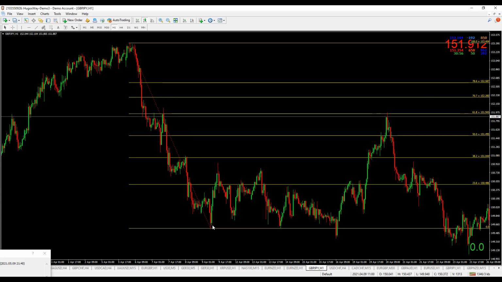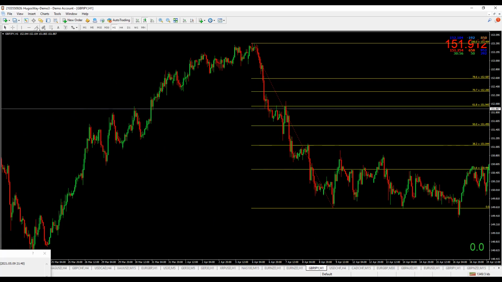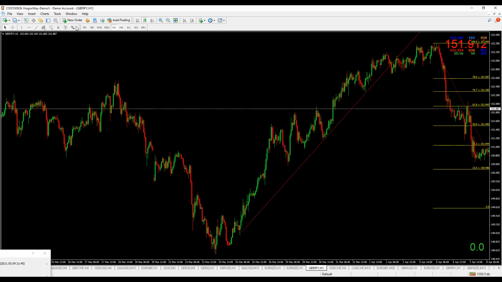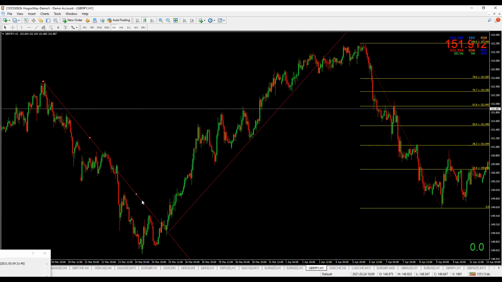You could obviously always change the color, but let's consider this what we call the Fibonacci trend line. I'm sure we draw trend lines all the time, and this is similar to a trend line, which comes with the Fibonacci.